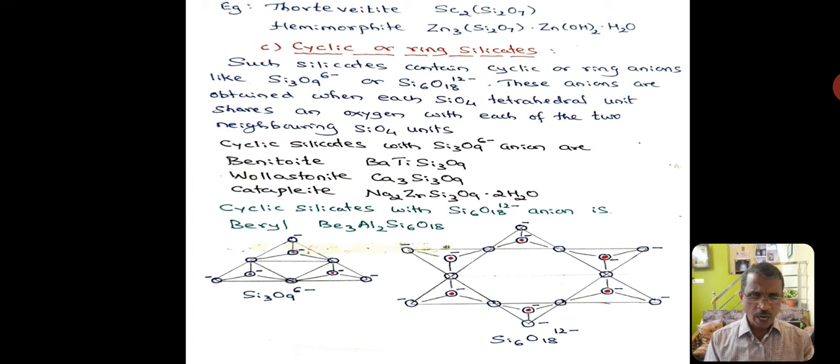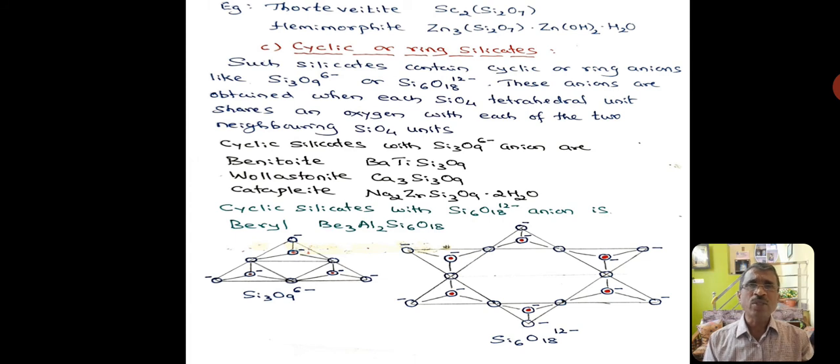Wollastonite is a calcium cyclic silicate, and the formula becomes Ca3Si3O9. The third is cataplite, which is a sodium zirconium cyclic silicate. The cyclic silicate with the Si6O18 12 minus anion is beryl.